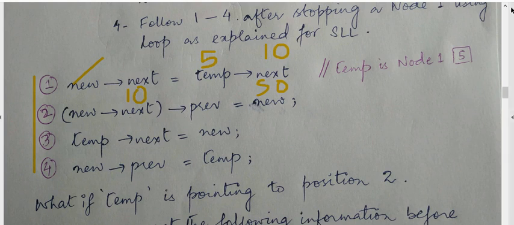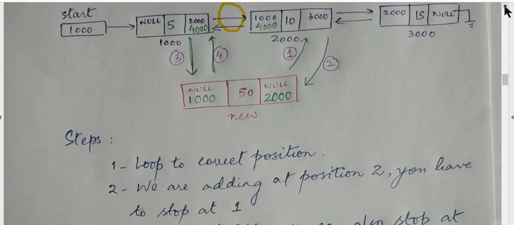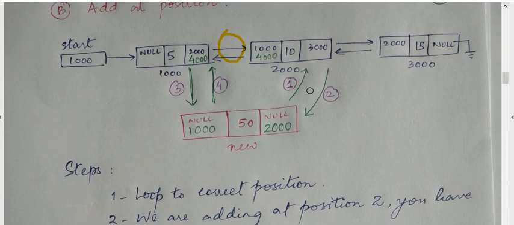If you remember, going back up again, I told you when we make this connection here, we're saying new to next, put the address of temp to next. So we are making 50 point to 10. 50 is also pointing to 10 and 5 is also pointing to 10. So you can use temp to next to previous, or you can use new to next to previous.